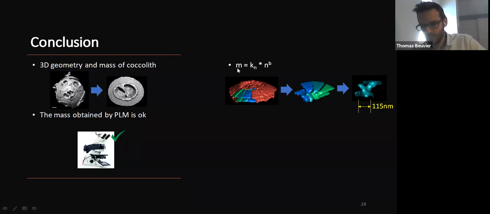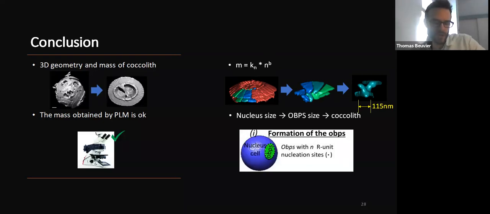It worked pretty well for 6 of the 7 species that we studied. And finally, we propose a correlation between the size of the nucleus, the size of the organic base plate on which the nucleation begins, and the size of the mature coccoliths.